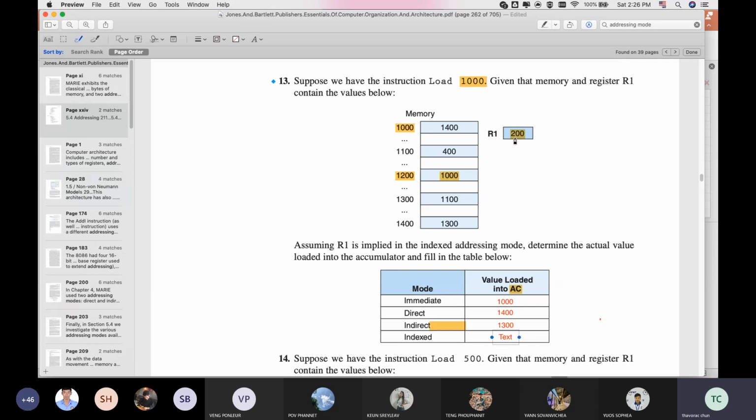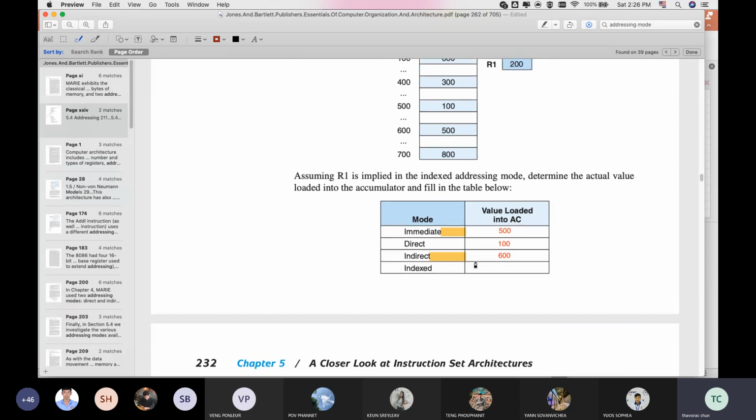So 1,000 with 200 is 1,200. That means the value it needs to get is 1,000. In the index addressing mode, the effective address is the value of the operand plus the register.